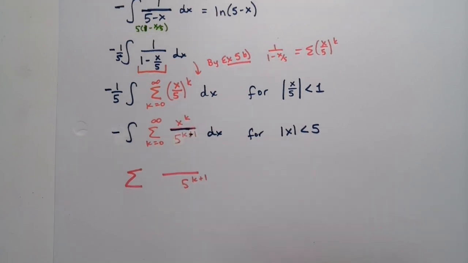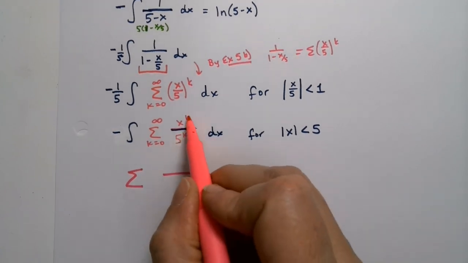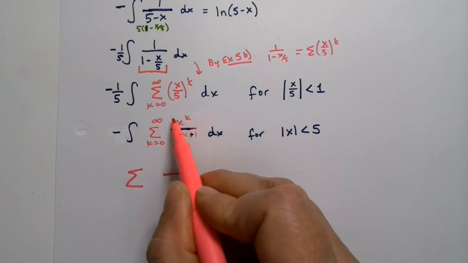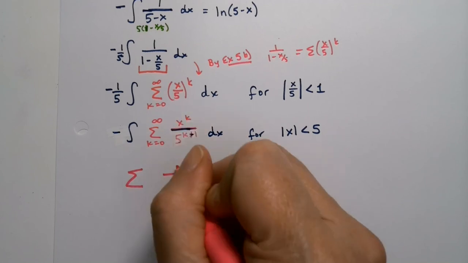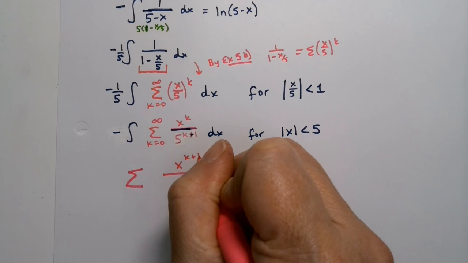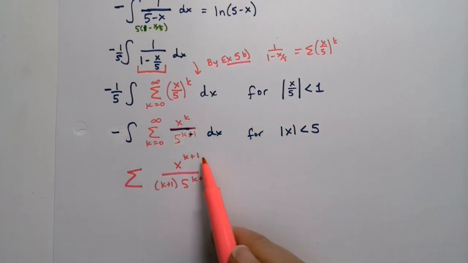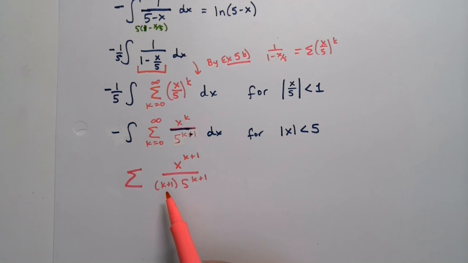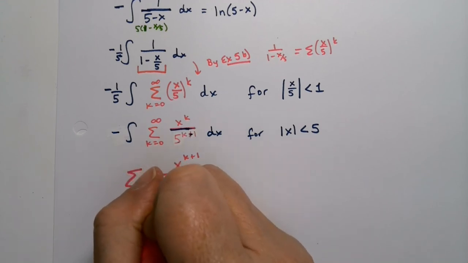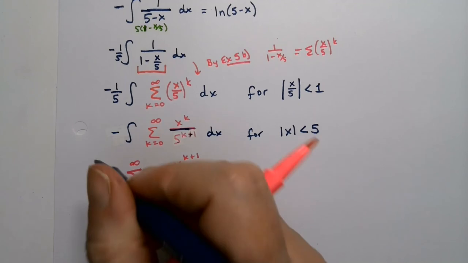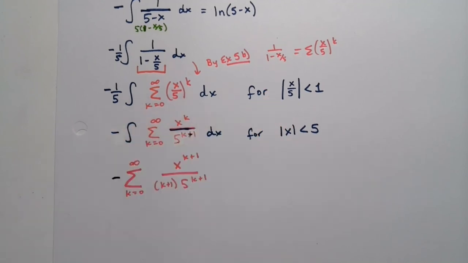Because that's not involving an x of any kind. But think about what happens to any x to the k term when you integrate it. It's going to become x to the k plus 1, and then you divide by k plus 1. Isn't that how we integrate? You add 1 to the power and then divide by that new power. And this would be from 0 to infinity. There's still a negative in front. I haven't changed that.